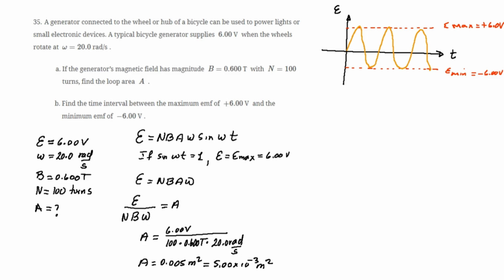Now, what they ask you here is to find the time interval between the maximum electromotive force of 6 volts and the minimum electromotive force of minus 6 volts.